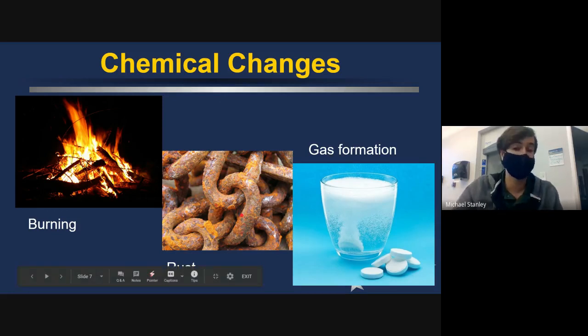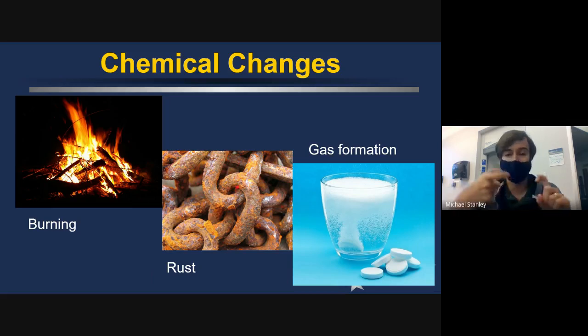Rust is another great example of a chemical change. So this is a good example of a color change, right? We start off with these nice silver shiny iron links in whatever sort of chain this was.